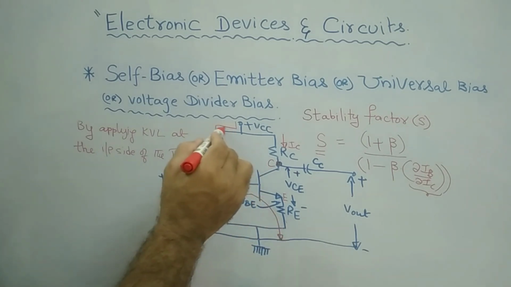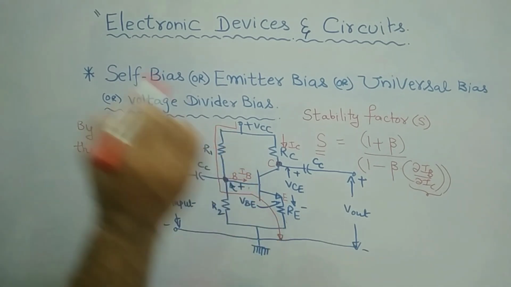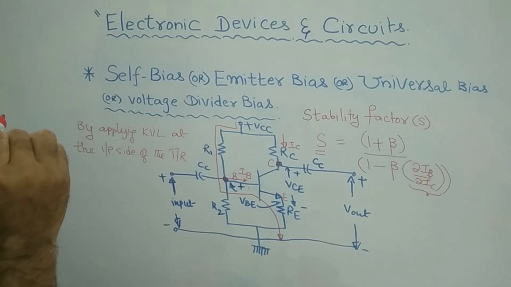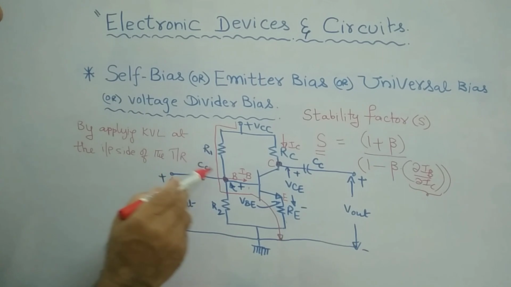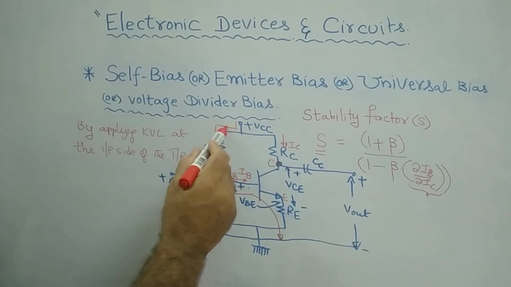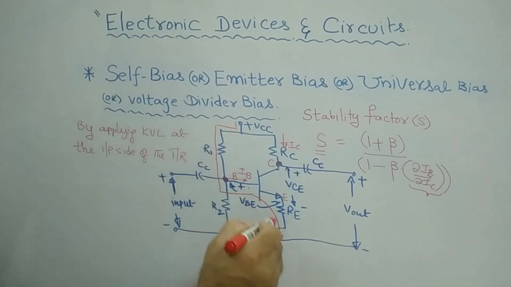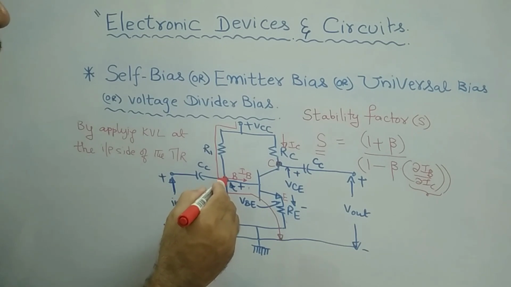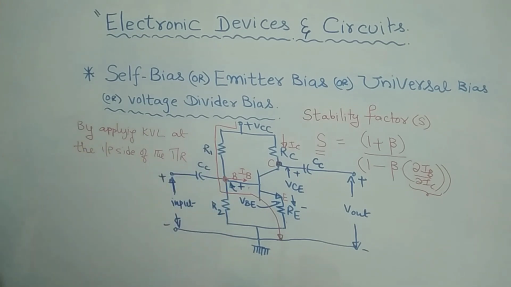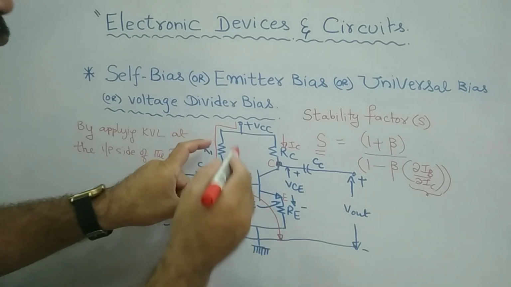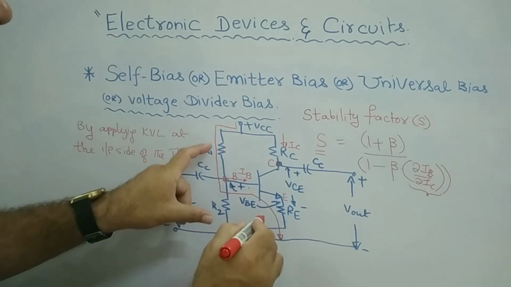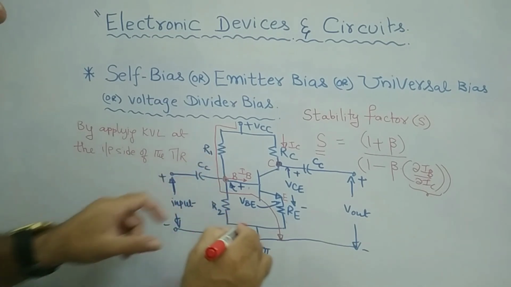This is the flow of voltage. At this point we have one nodal point here. Therefore, this is the input side of the transistor.